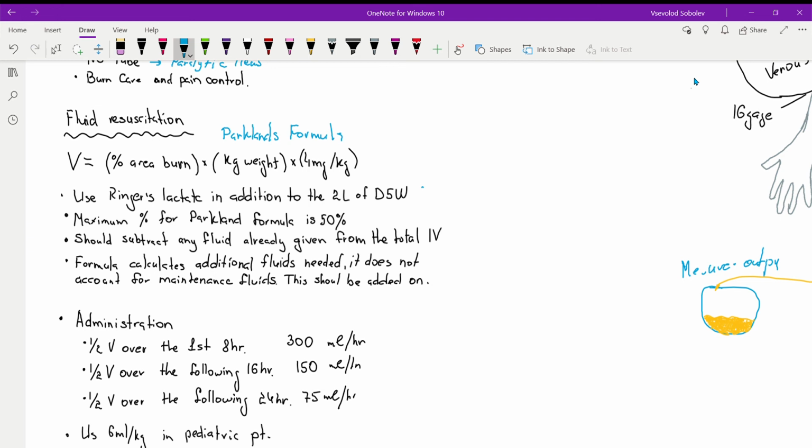If it's more than 50, then another formula will be used. We should subtract any fluid already given from the total IV. So in the ambulance and emergency department, we'll administer fluids, and we will subtract those fluids from the first half of fluids being administered.